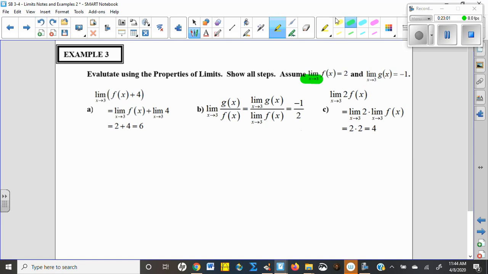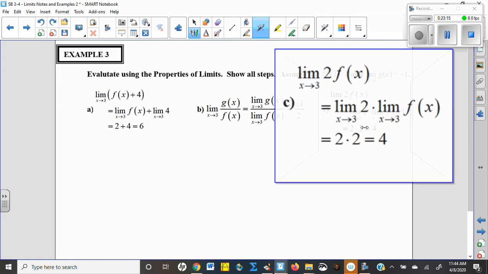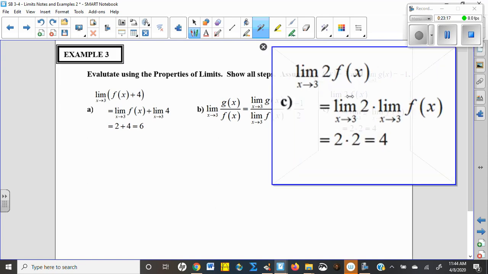Finally, we use the multiplication property in the last example, and we split the constant out. Now, I will say that if it tells you to apply the properties of limits, you will have to do it this way. You will actually have to write the limit of 2 times the limit of f of x.